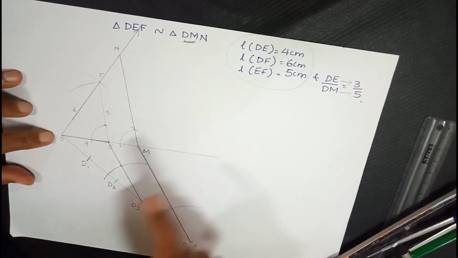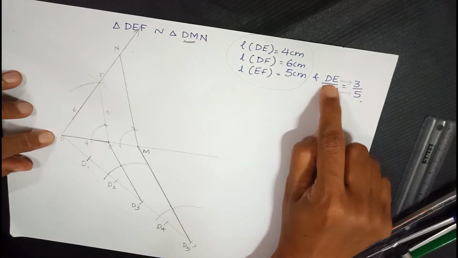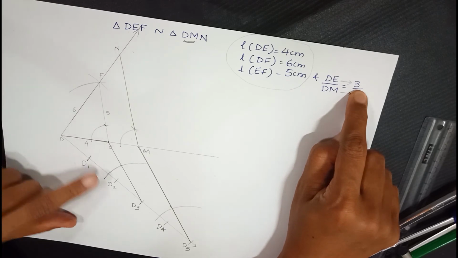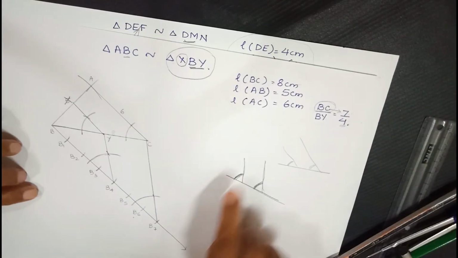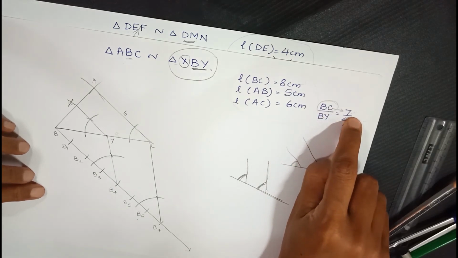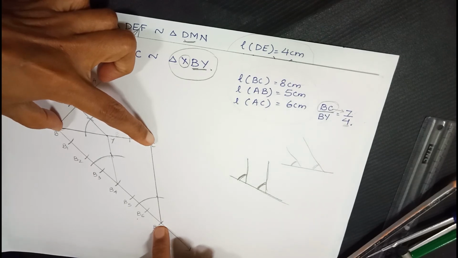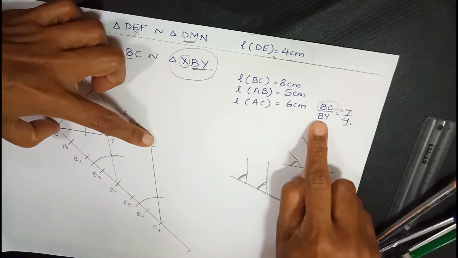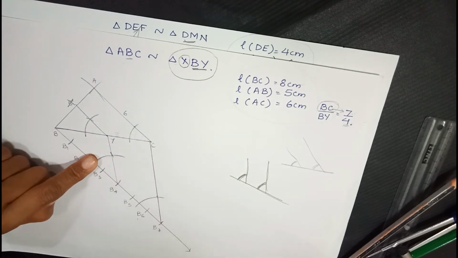So how do you decide which part to connect? From the ratio. As you can see, DE here was given 3 parts. So third part was connected to E. Whereas in the earlier case, BC was given 7 parts. The base that you have drawn, BC, that is why it was connected to 7 parts. And the second triangle that we required was smaller. So we made the angle inside.